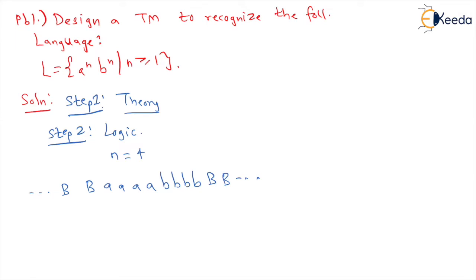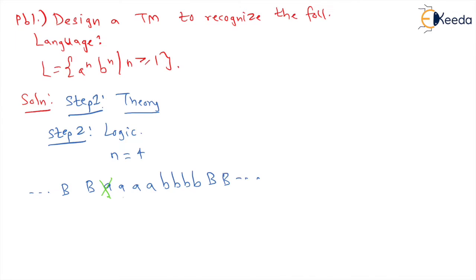So friends, the logic says I am always going to start from the first input symbol. In the start state, if you get an input symbol A, you make it X and move to the right. Now when you move to the right, you get another A, you bypass it and go ahead.